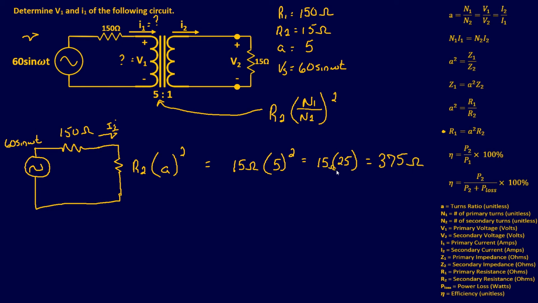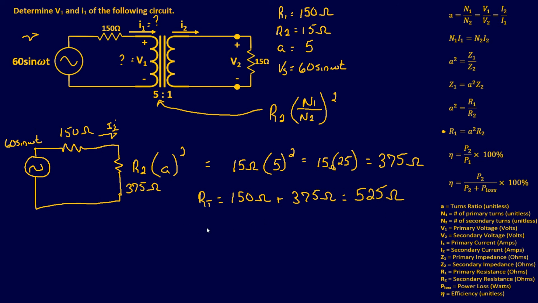So this one is seeing 375 ohms, which means we can go ahead and determine our current for this circuit. So if you add R1 plus what your transformer is seeing, which is 375 ohms, that's going to give your total resistance. So in a sense, your RT is going to equal 150 ohms plus 375 ohms. And that's going to give us an answer of 525 ohms. So far, so good.